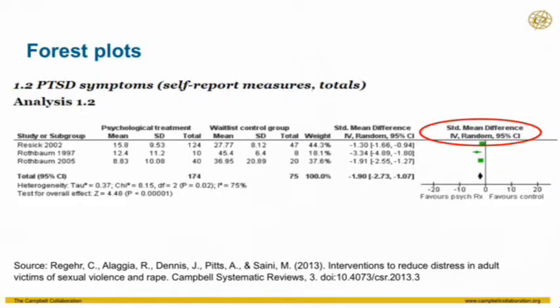The IV here is just indicating that it's inverse variance weights that are used. The random is indicating that they're using a random effects analysis to pool the results. And then the 95% confidence interval, I think that's also important to note, because too often we will default to just assume that people are using 95% confidence intervals, but we can't assume that, because you might be using 90% confidence intervals, you might be using 99% confidence intervals.